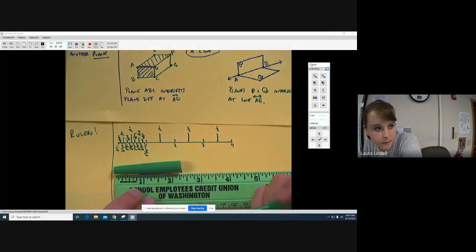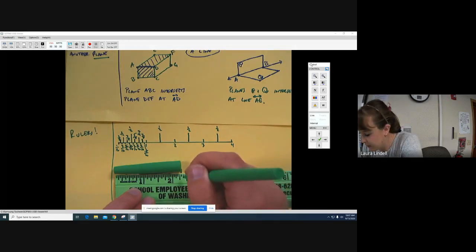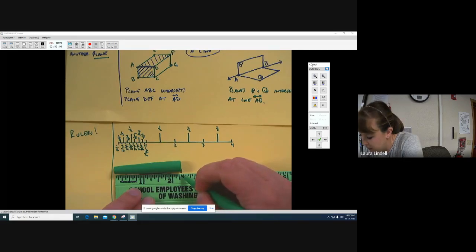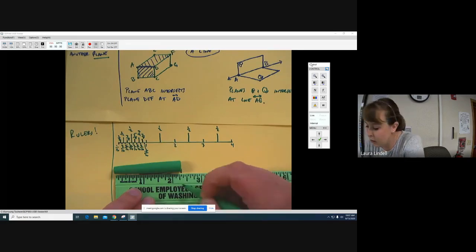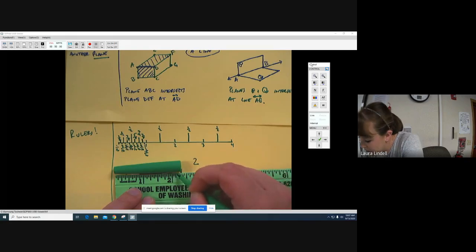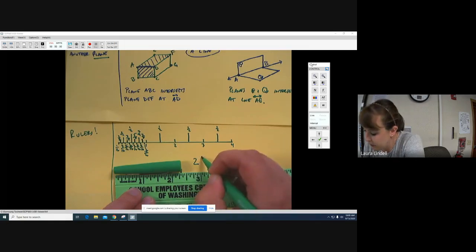That looks about right. First of all, we have to think, is this a half, a fourth, an eighth, or a 16th? Or you could also just count. Since this whole thing is broken out into 16 pieces, you can count how many lines it is. We know we've got 2 inches already. And then we have 1, 2, 3, 4, 5 lines over. Since it's broken out into 16 pieces, it's 2 5/16.